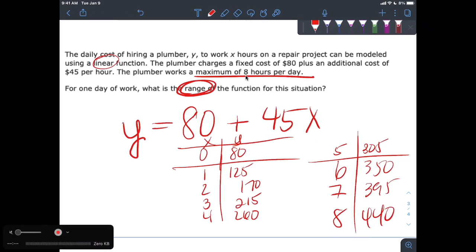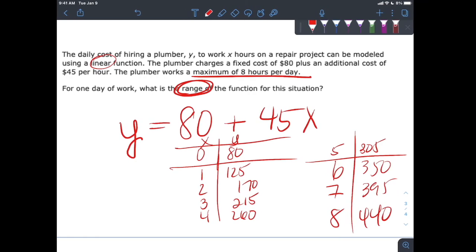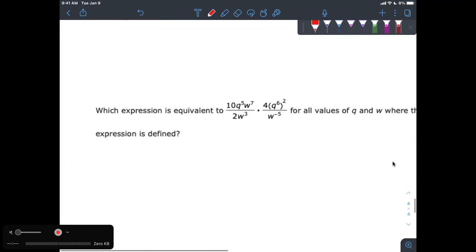But they told us his maximum was 8 hours. So we have all of these values. This is going to be a discrete function. Okay? All right, next one. We're almost done.